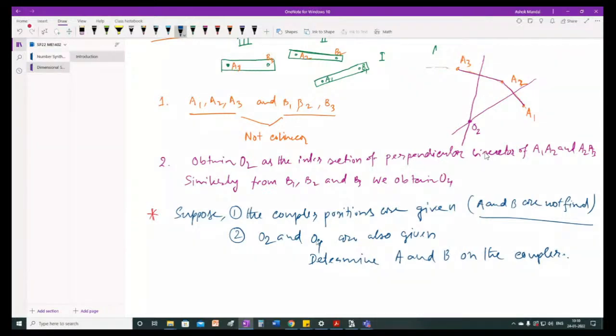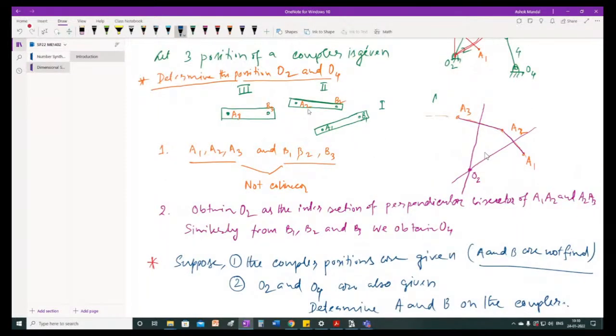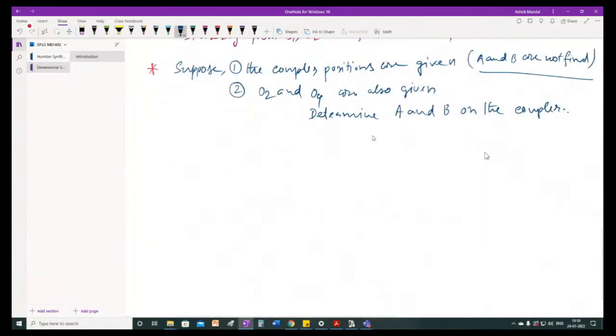O2 and O4 are given, and the three positions of the coupler are given. So, for example, suppose this point is O2 and this point is O4, and you have a coupler position given like this. This is position 1, this is position 2 of the same coupler, and this is position 3 of the coupler.